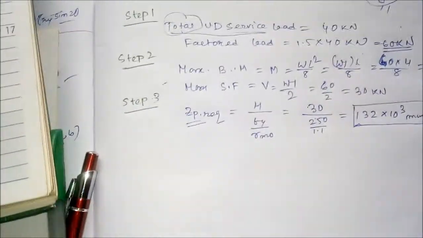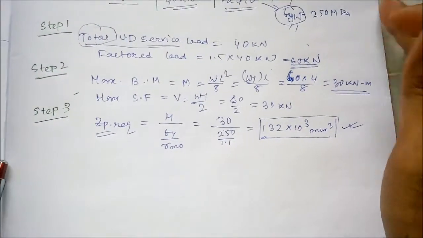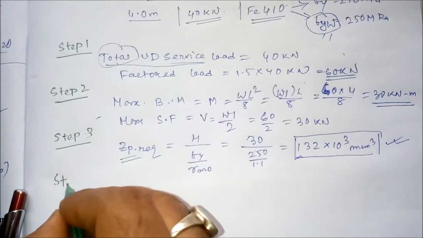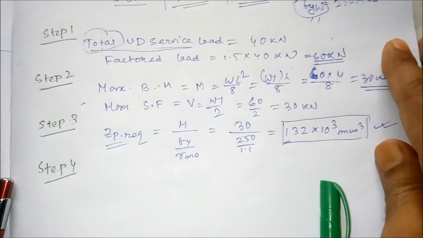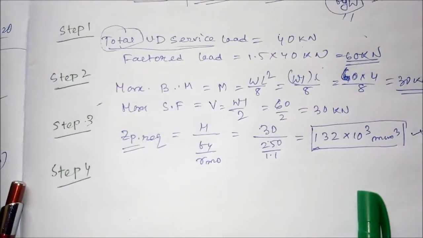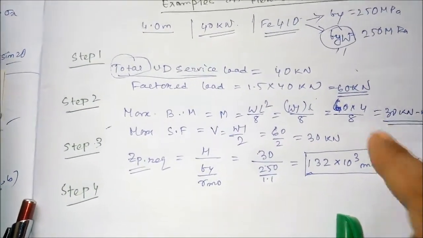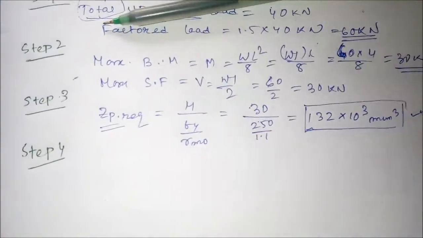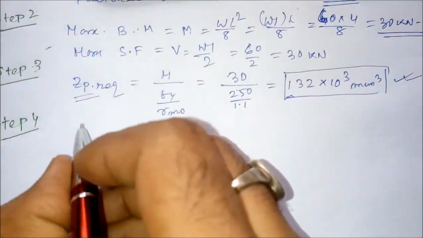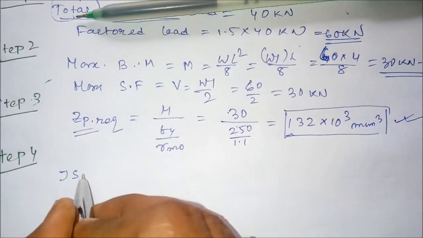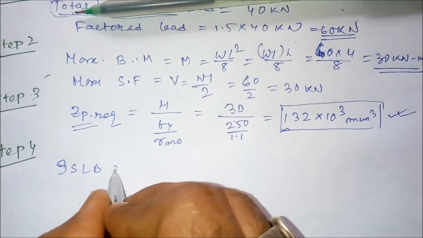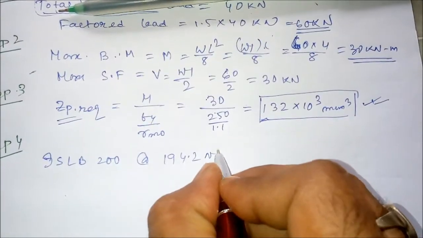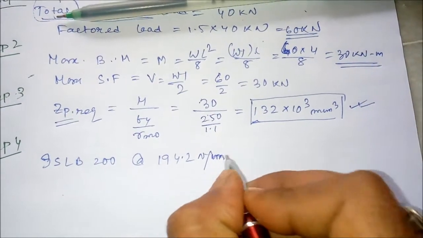So in step 4, we can choose one section, right? And for a beam, we know the suitable section is the I section. So suppose we are taking ISLB 200 at the rate of 194.2 Newton per meter.